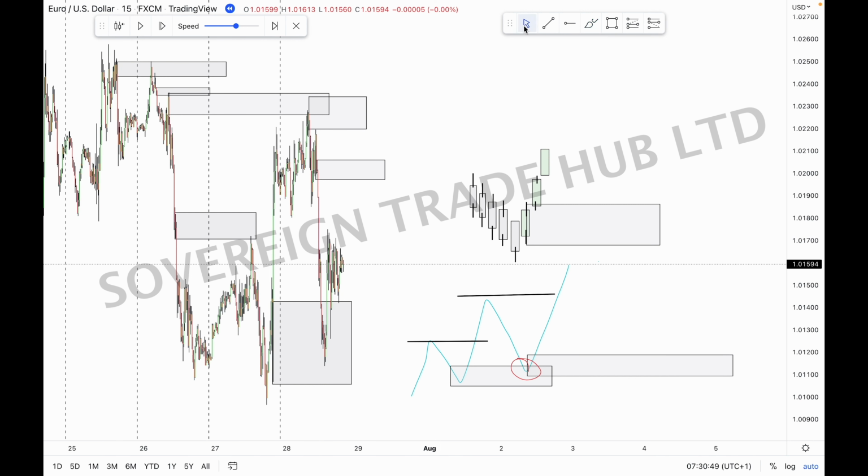Having done that, we should be waiting for price action to retrace into this level. Why do we consider this level more valid? Because it has imbalance. It gave an impulsive move to the upside, and contained in that impulsive move is an inefficient price action.